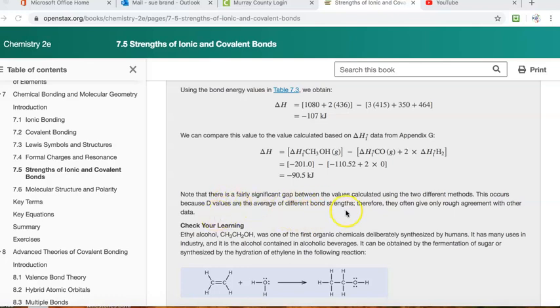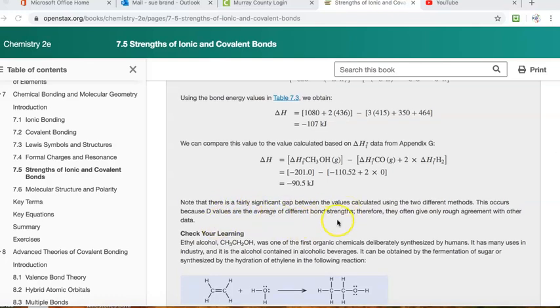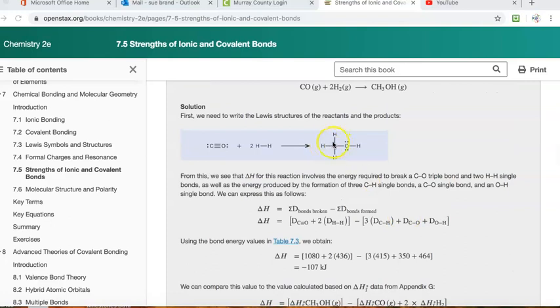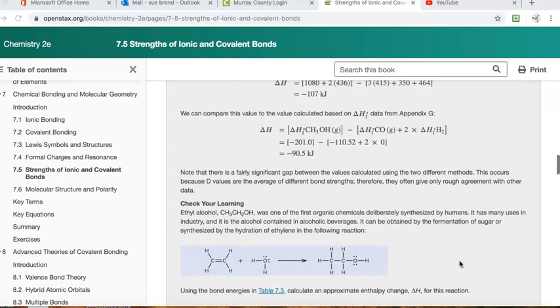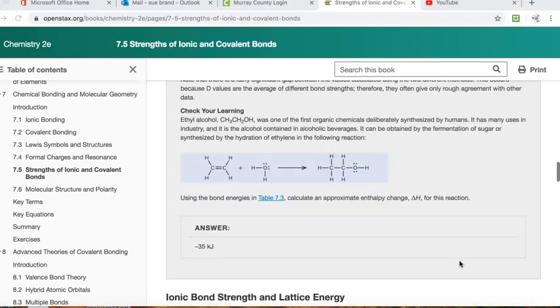This occurs because average bond strengths are given, and so we know that, for example, this carbon-hydrogen bond, once it's broken, may require more energy than it does for the others. So they're not all equivalent, and that has to do with what's around it, and how much energy is required or released. So these values are just approximate values for the most part.